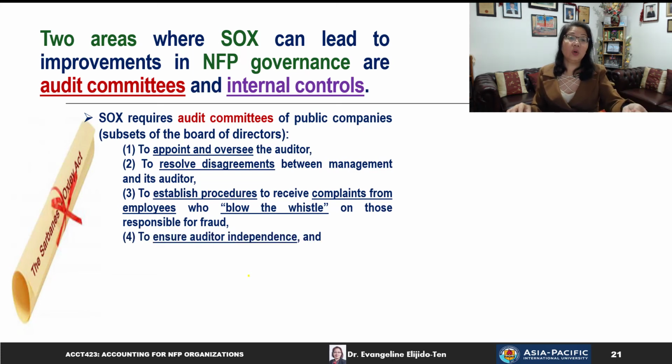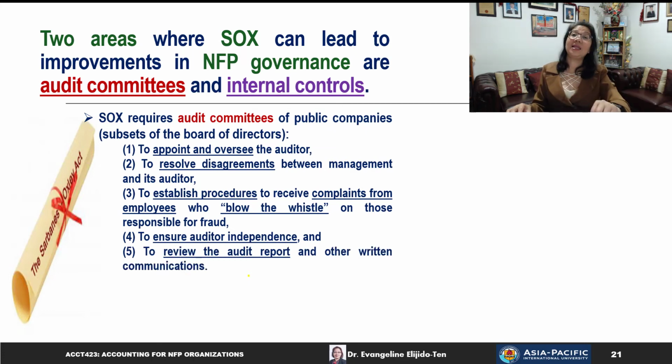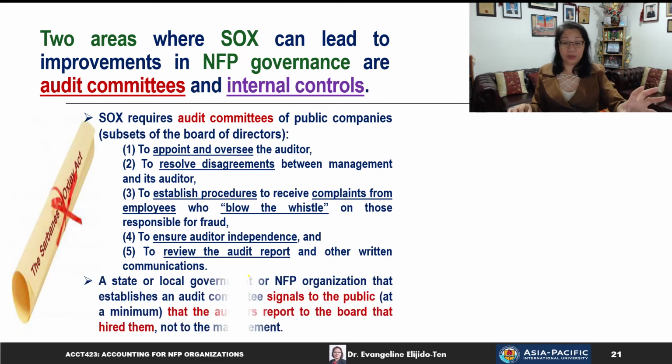The audit committees also ensure that the auditors are independent, and they review the audit report and any other written communications. So we can see here that the audit committees are kind of independent from the management, so the management can't really tell the audit committee what to do, and the audit committee is the one overseeing the auditors.